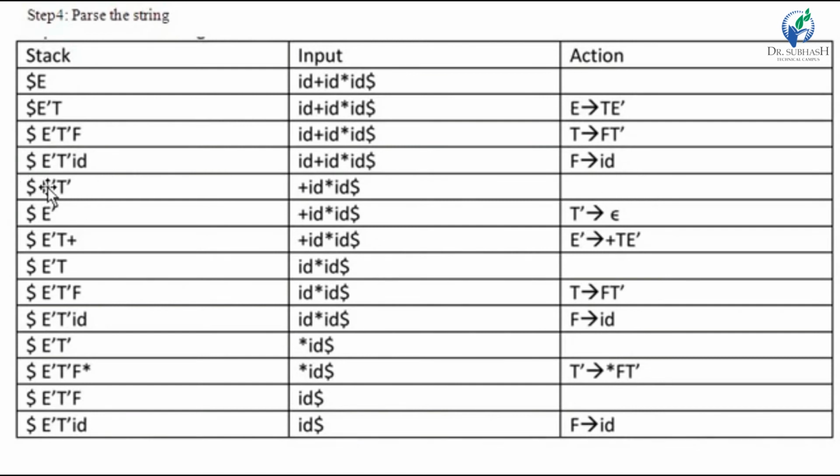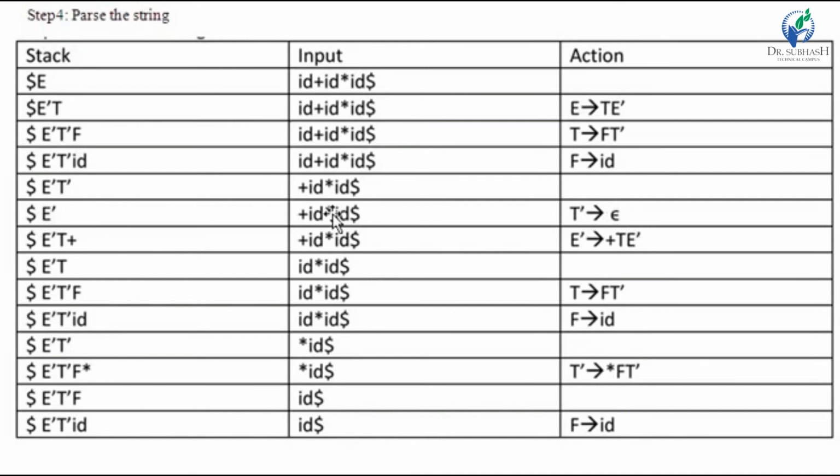So the stack is dollar, T dash, and the input is plus ID star ID dollar. Now both IDs are cancelled because they matched. Then there is T dash. According to this input string, you cannot find a plus sign from T dash. Do you have an epsilon production from T dash? Yes, so you can use that production. So T dash gives epsilon.